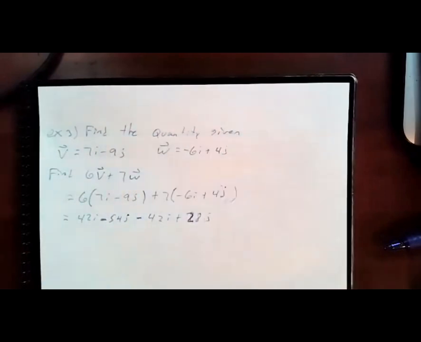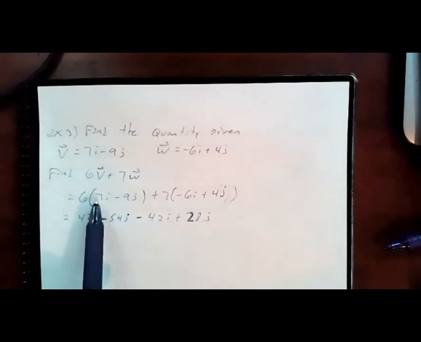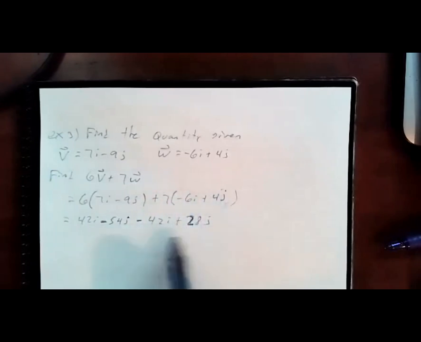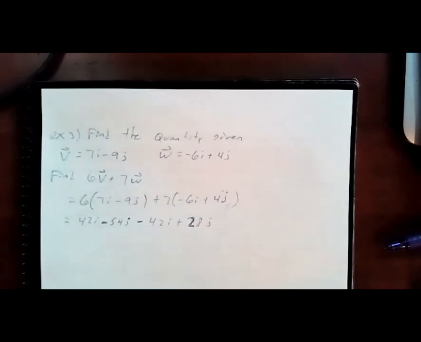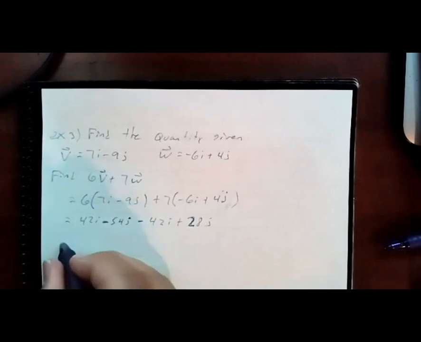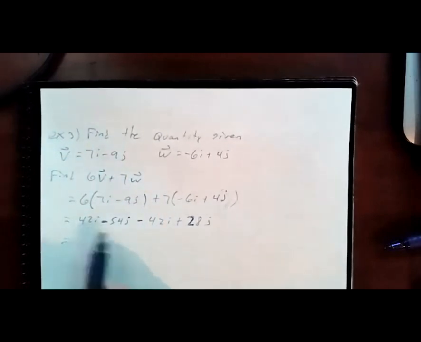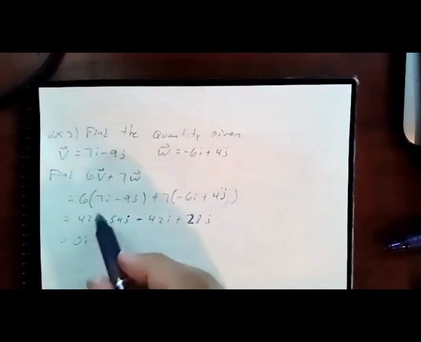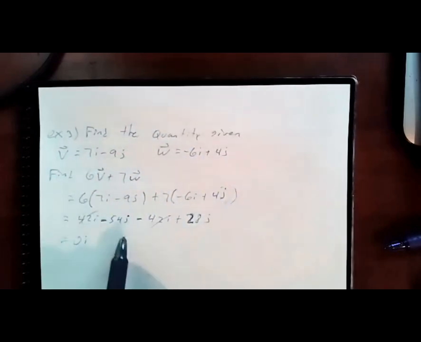There we go. So you guys see what happened, right? We scale the first one by 6, scale the second one by 7. And then just add the i's and j's, and we're done. So 42 minus 42, well, that's no more i's, right? They're gone. Negative 54j plus 28j.